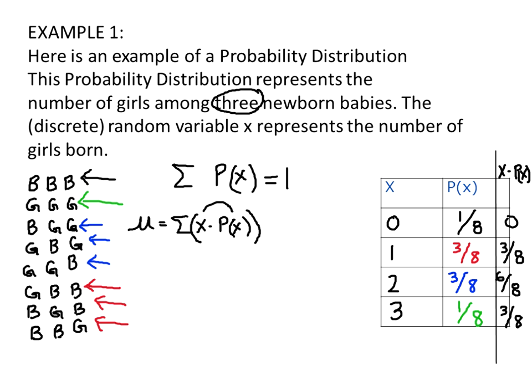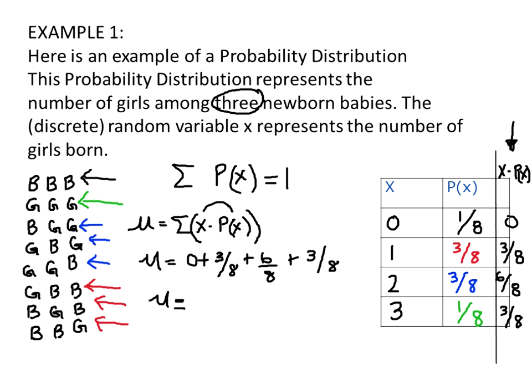Now I'm going to take my results from x times p of x and add them together. So that's 0 plus 3/8 plus 6/8 plus 3/8.